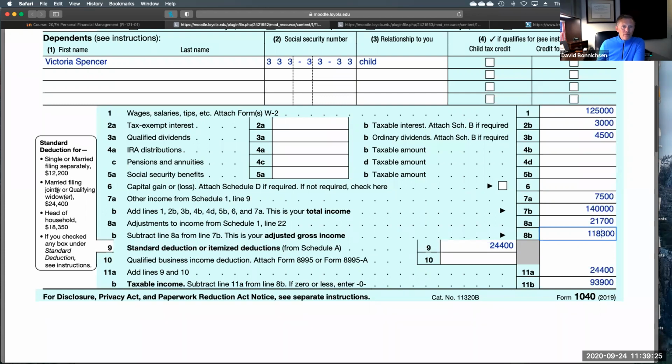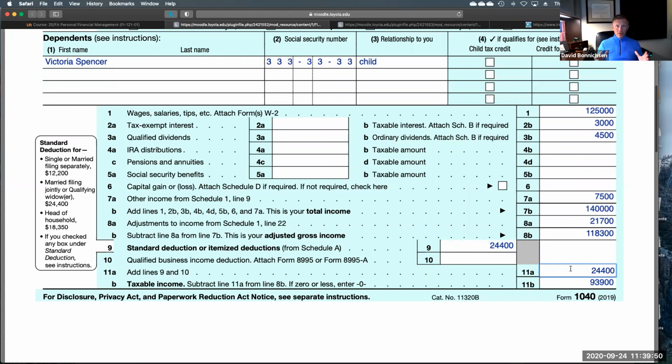So they get to deduct the standard deduction of $24,400. So line 9 is the deduction that they're going to take. That is the standard deduction. Line 11A is simply the sum of 9 and 10, and since there's nothing in 10, they are claiming the standard deduction of $24,400.